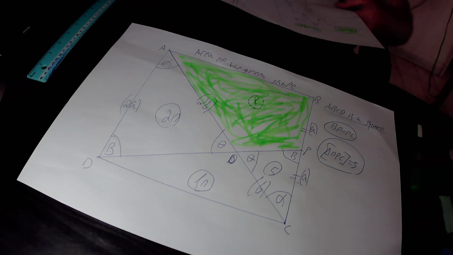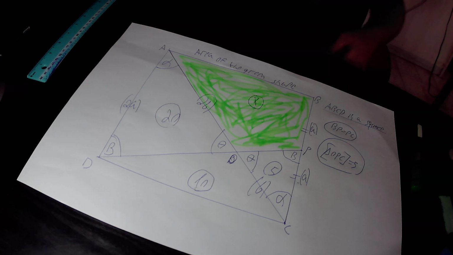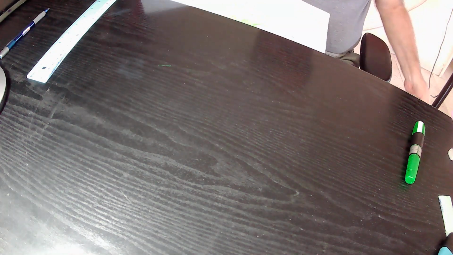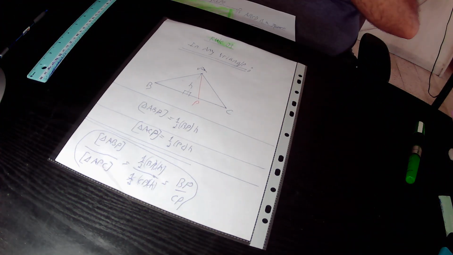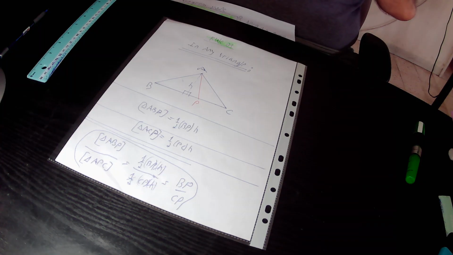Okay, in the next step, I present a new rule and implement it in our drawing. The new rule is rule 23. Rule 23 is true in any triangle, so this is triangle ABC that could be any triangle.